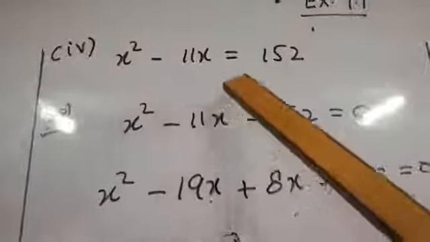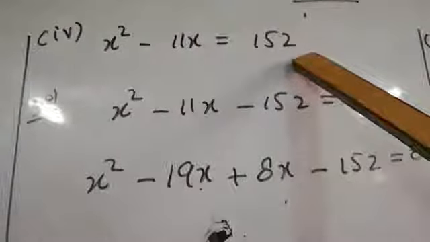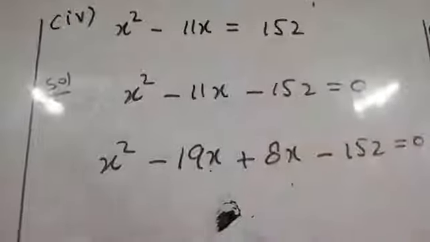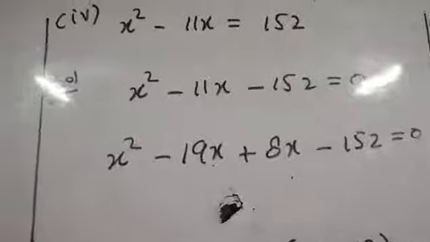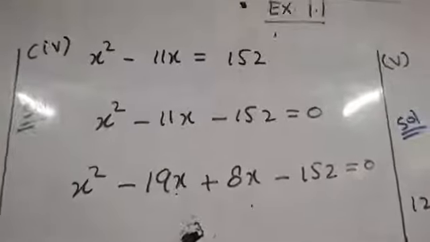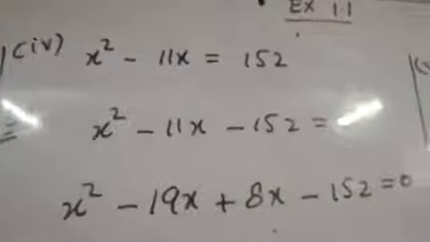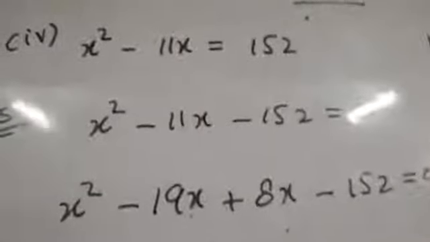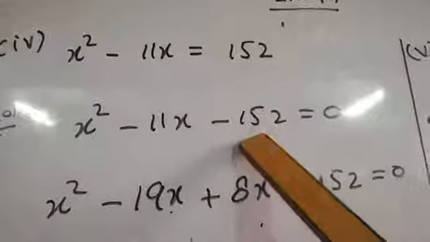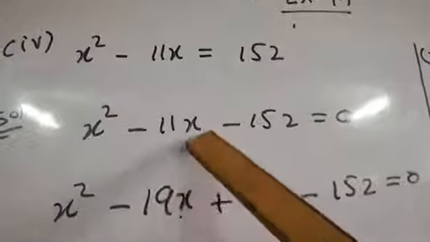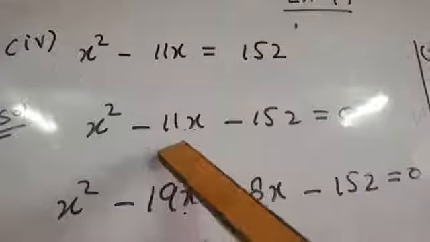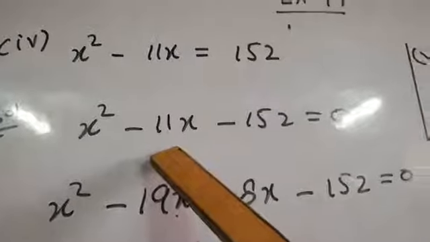Part number 4: x square minus 11x is equal to 152. First of all, we will write all the values on the left hand side: x square minus 11x minus 152 equals 0. Now, my dear students, you know the rule. In this method, we will break the middle term.